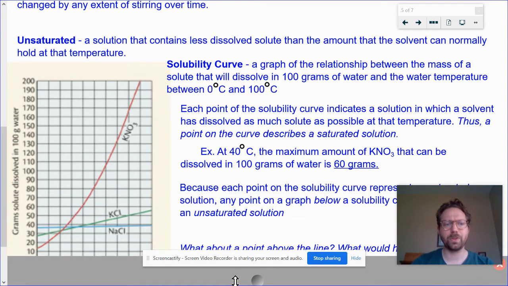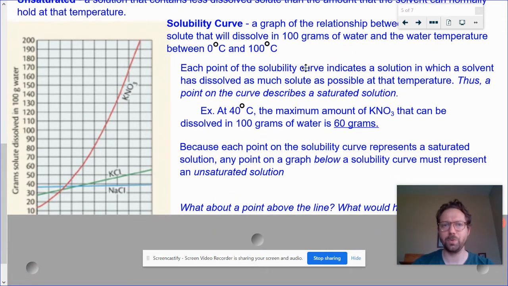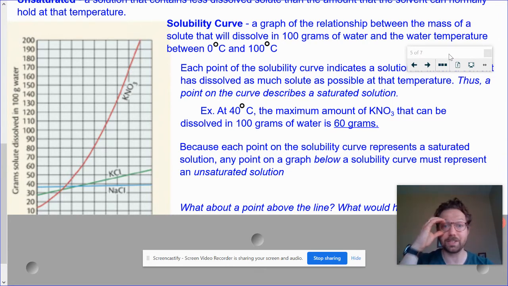So we often draw what's called a solubility curve, which is a graph of the relationship between the mass of the solute that dissolves in 100 grams of water and the water temperature.